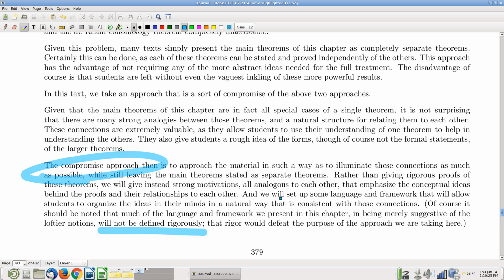And I'm going to set up some loose language and a suggestive framework, I'm going to call it, right? That will allow us to, I'm going to say, see a bunch of the analogies and connections between the various special case theorems that, like I was just alluding to. We're going to kind of get the vibe of it, but I'm going to leave out all the ugly, nasty, sophisticated, hardcore, abstract details.